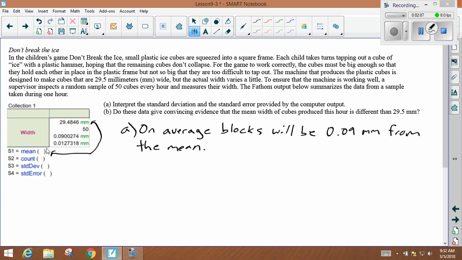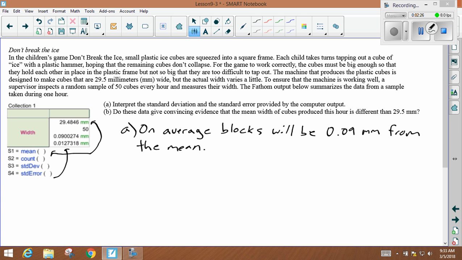And then the second part, standard error. So the standard error is right there. So what does standard error tell us?